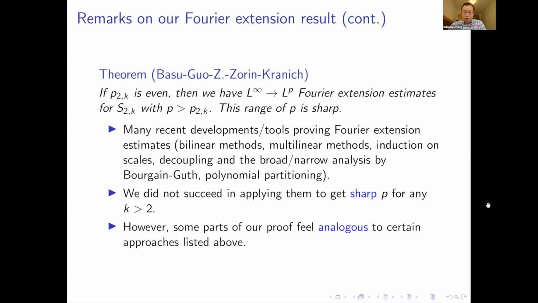We also tried some of these in this Fourier extension problem, but we weren't able to get the sharp range of P for any degree bigger than 2. So it seemed quite interesting to me that this new approach does better in our experience on this problem.